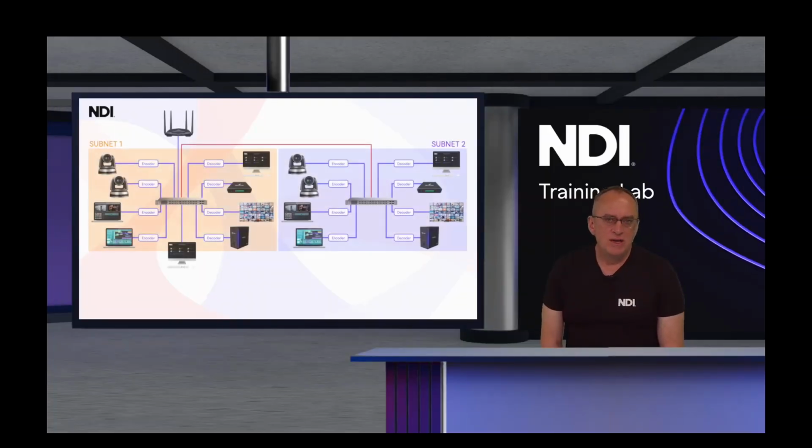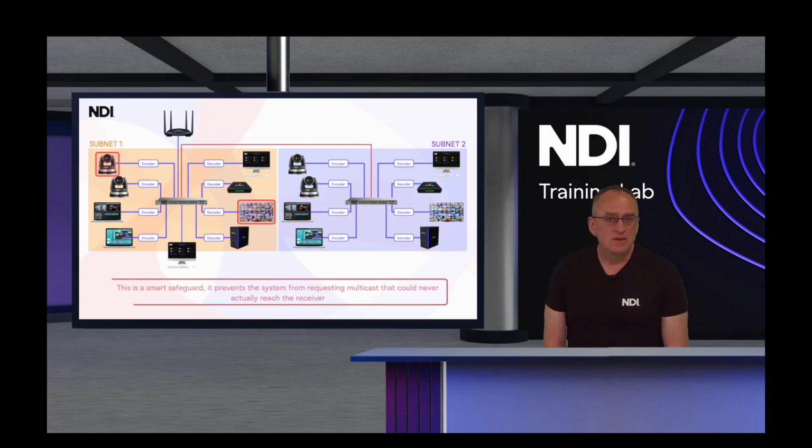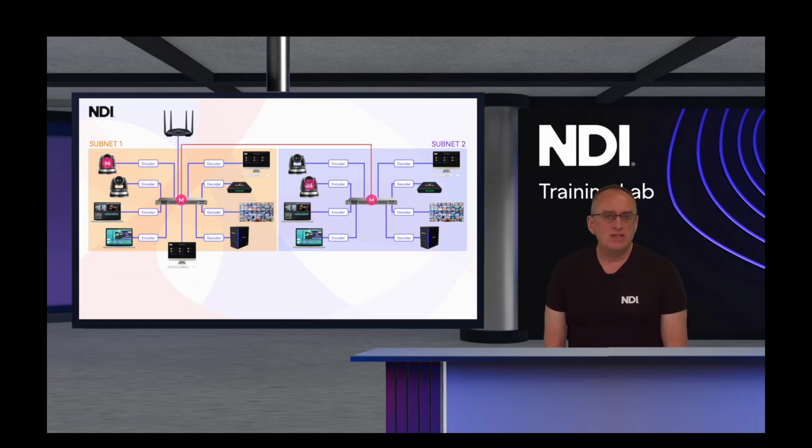By default, an NDI receiver will only negotiate a multicast stream from a sender in the same local subnet. This is a smart safeguard because it prevents the system from requesting multicast that could never actually reach the receiver. However, if your network is correctly configured and can route multicast traffic across subnets reliably, you can allow an NDI receiver to join multicast groups from other networks.